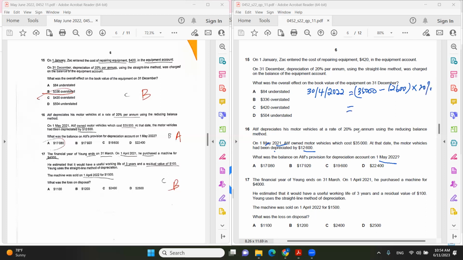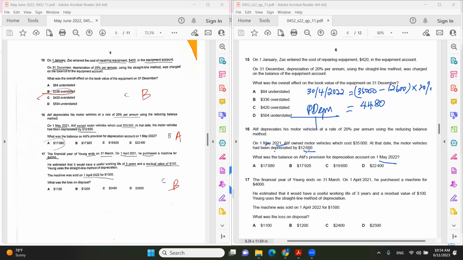So I will get 35,000 minus 12,600 times 20%. So I get 4,480. So this 4,480 goes in my provision for depreciation account.